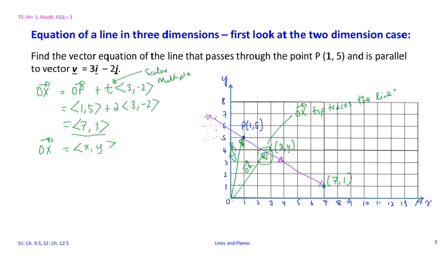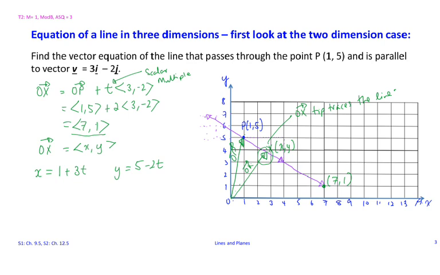Our x in this case is defined by 1 plus 3t, and our y is defined by 5 minus 2t. Isn't that nifty?